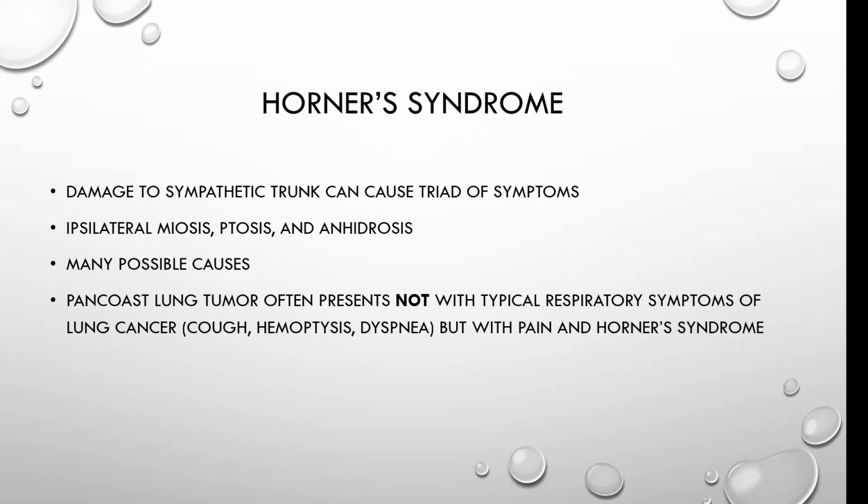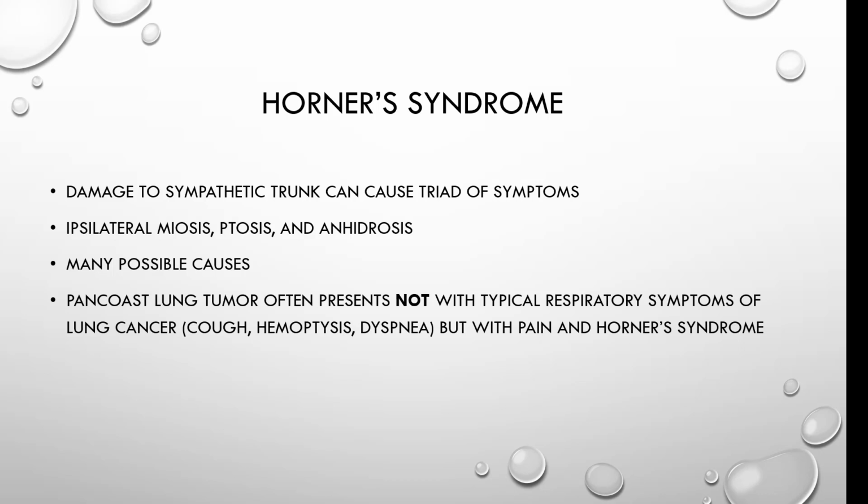And that would result in a loss of that tonic contraction of the levator palpebrae superioris muscle so that the eyelid droops, along with a loss of the signals that normally would be going to the pupillary dilators, those radial muscles, so they stay relaxed and the pupil appears constricted.